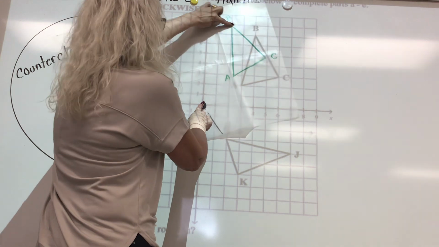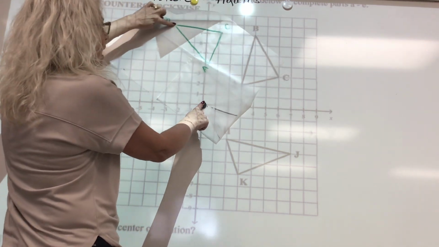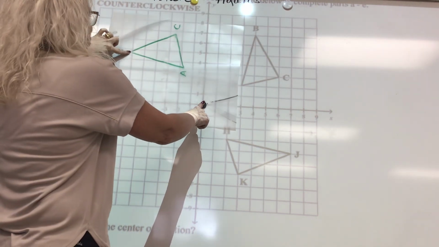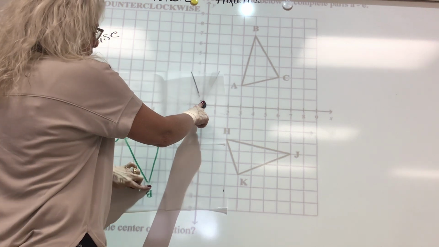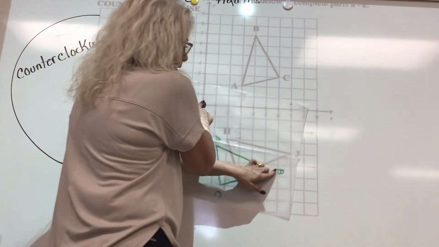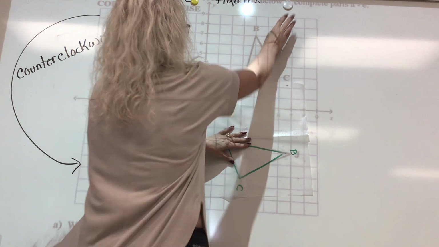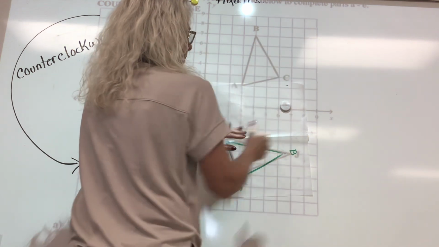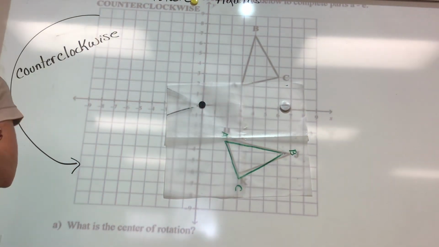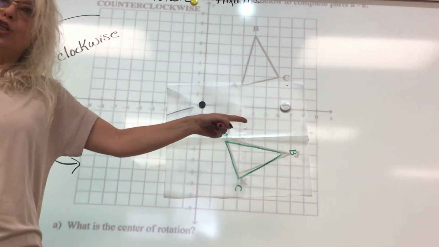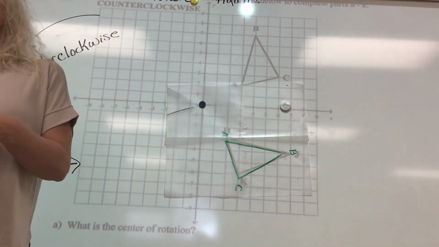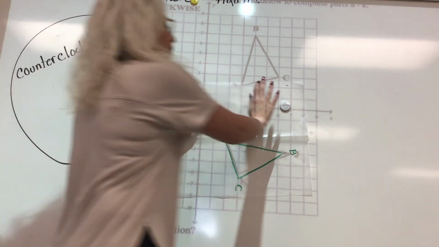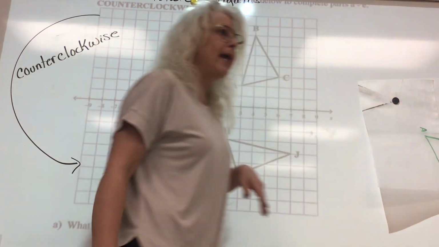So as I rotate this counterclockwise, that's a quarter turn, that's a half a turn, this is a 3/4 turn. How many degrees did I have to rotate that? 270. Now you actually saw me do it, correct? But you need to figure out how to do that without the invisible paper.